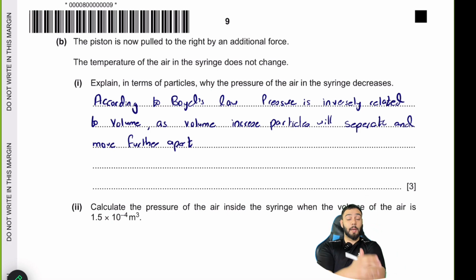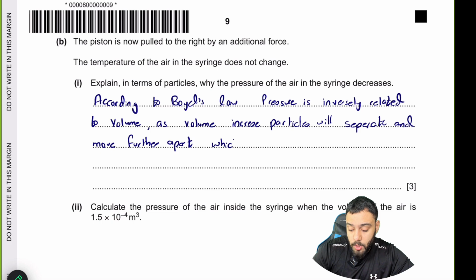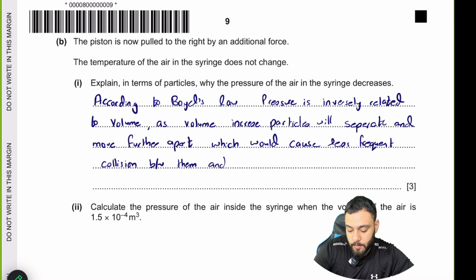They're going to be further apart, which would cause less frequent collisions between them and the walls. Hence, pressure would decrease.